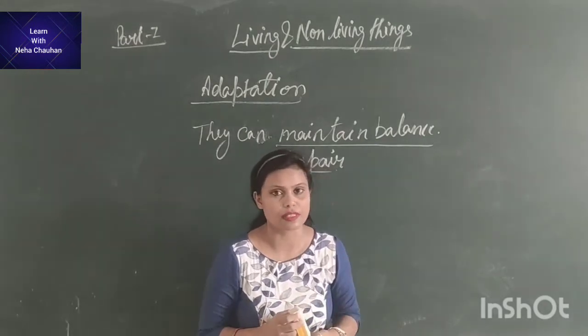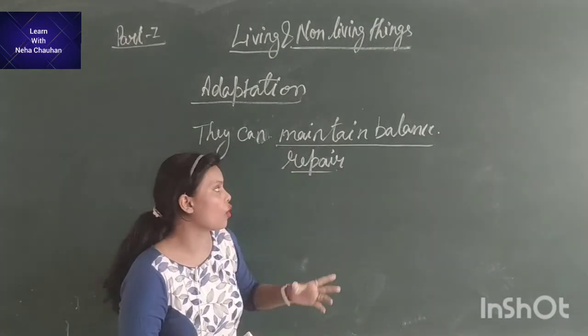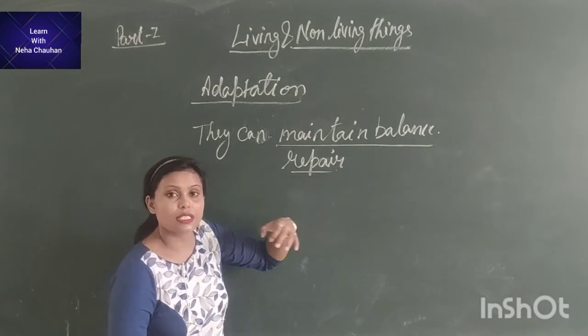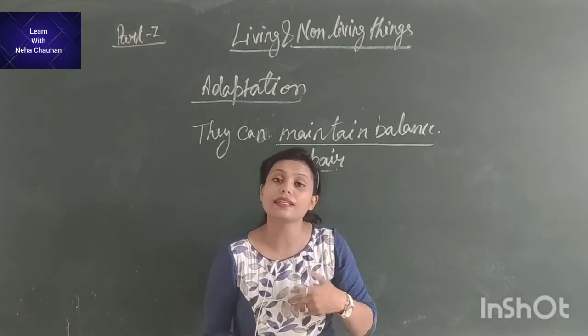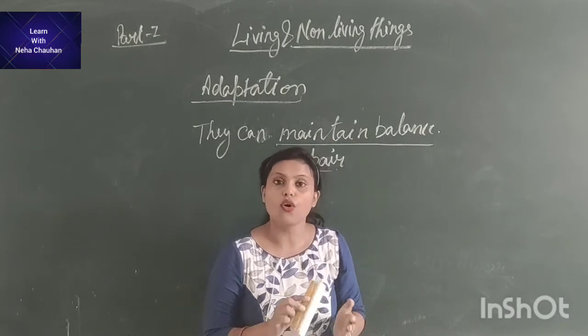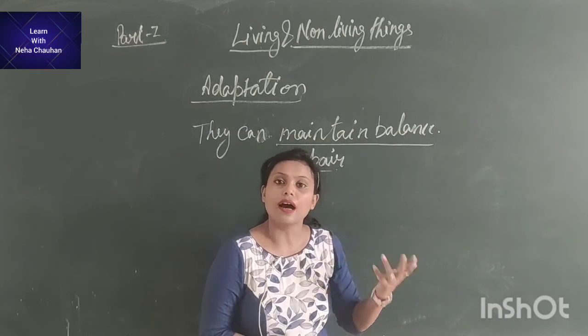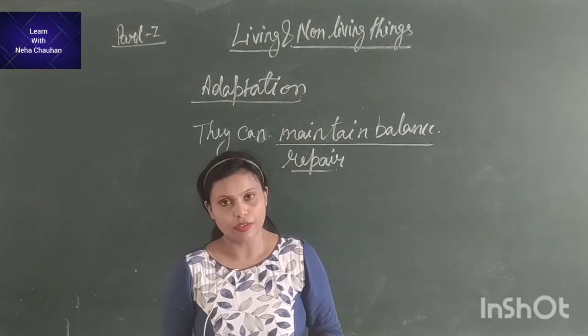How it happens? This is happen due to the ability of repairing of our body. That means the cells which are present in our body repair themselves. The cut or the burn or the wound which we have got by hurting is repaired by the living organism.